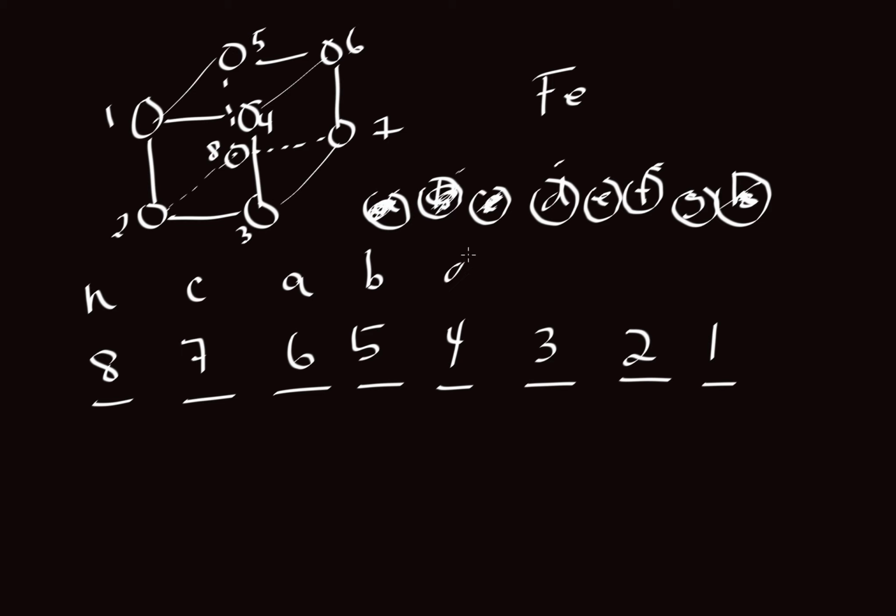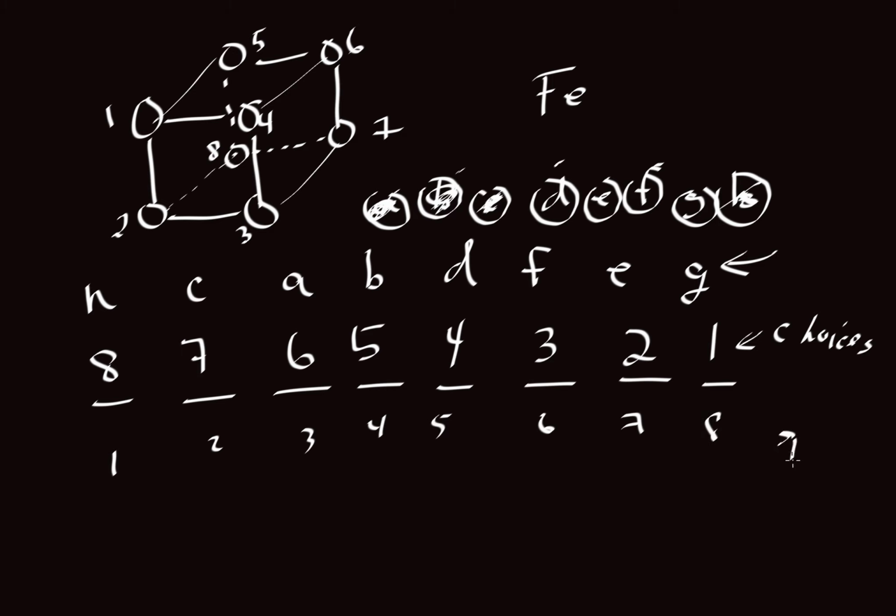So let's say we put D over here, and then F, and then E, and then G. Now we've used up all the letters, and we had these many choices for each case. So this is one particular combination, where we have H in the 1 spot, and then C in the 2 spot, and then A in the 3rd spot, etc. These are slots 1 through 8, the different places in the crystal.